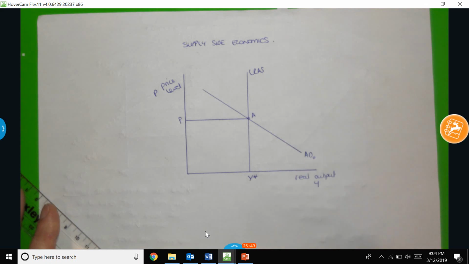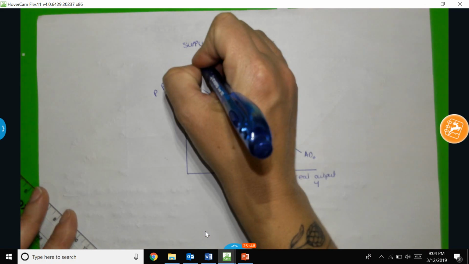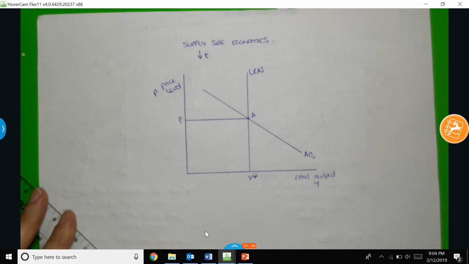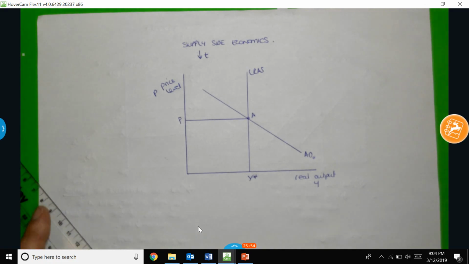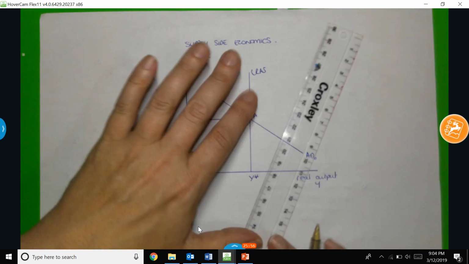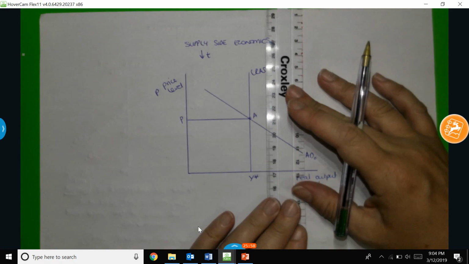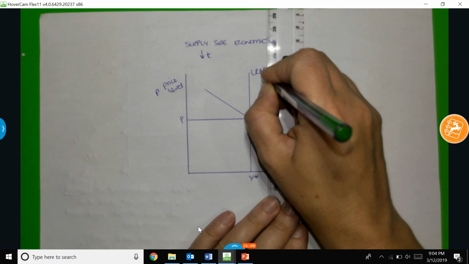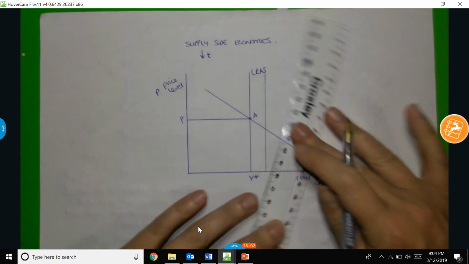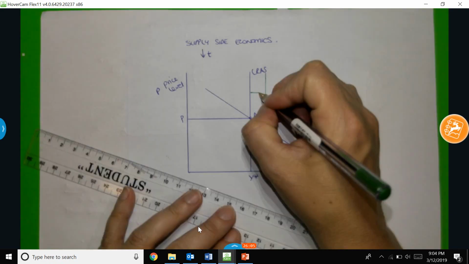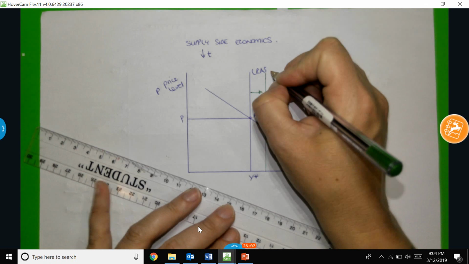What I want to do in this diagram, though, is specifically work with the example of a decrease in taxation. So, according to supply-side economists, the effect of a tax cut would be to increase the long-run aggregate supply of goods and services. Now, that would be shown as a rightward shift of the aggregate supply curve.